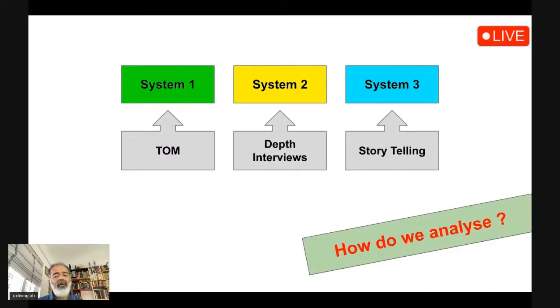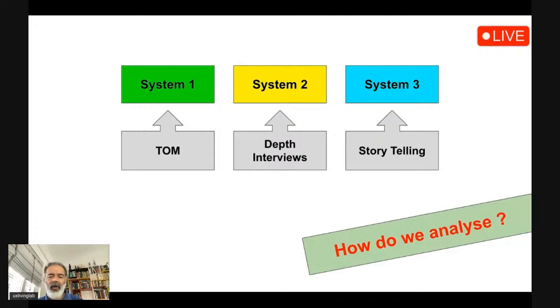Then system three is storytelling, because the consumer is visualizing a lot of things, how the usage will be and whether it is useful for the future. These things the consumer is visualizing, so it's actually a story. So storytelling is the right option for analyzing system three.